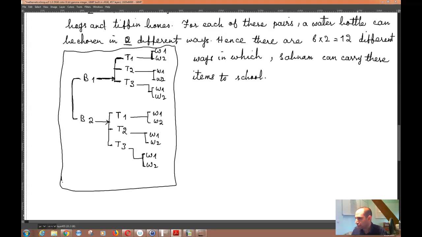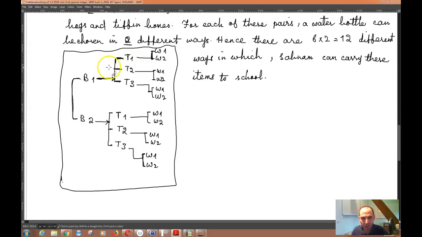So the problems of this type are solved by applying the following principle known as the fundamental principle of counting.